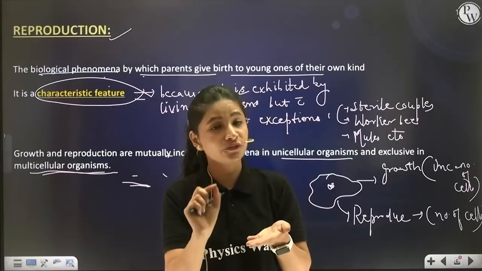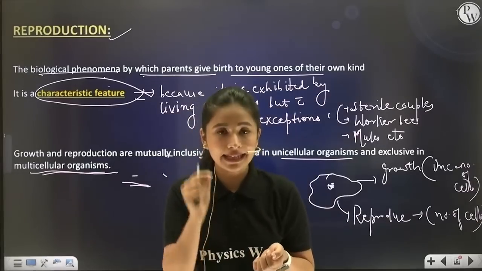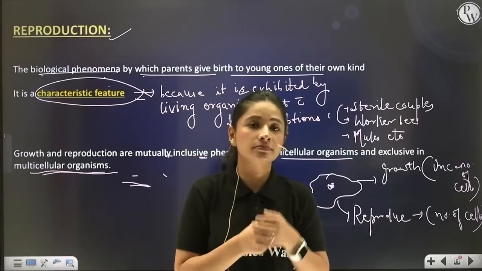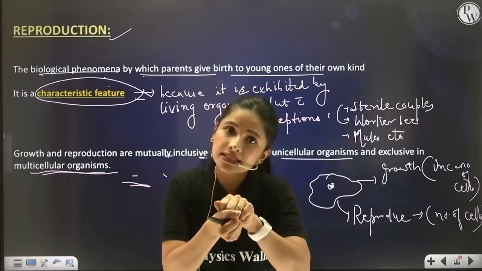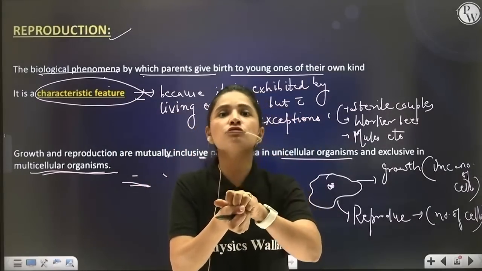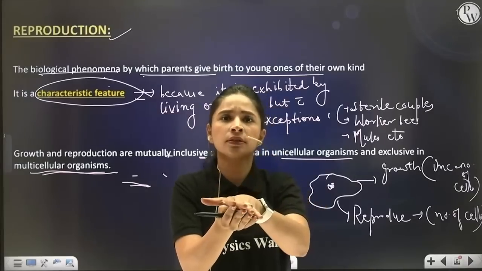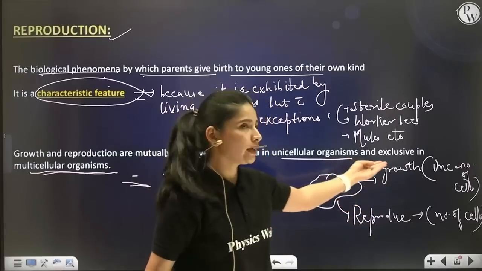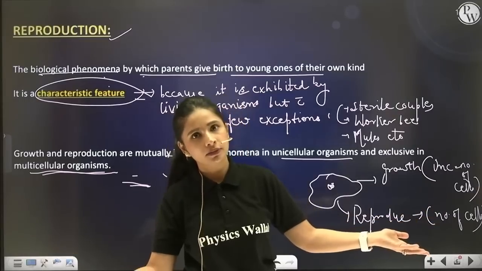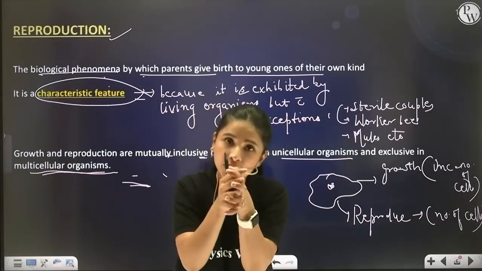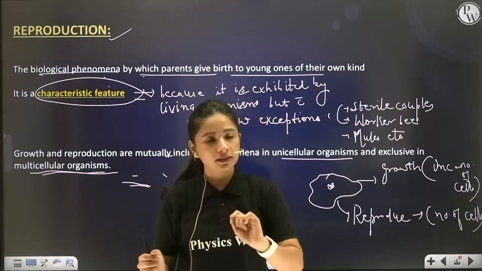Therefore, we can say that in single-celled organism, both growth and reproduction are one and the same process. They are inclusive. If you say it is showing growth, correct. If you say it is showing reproduction, again correct. So it is mutually inclusive phenomena, right?